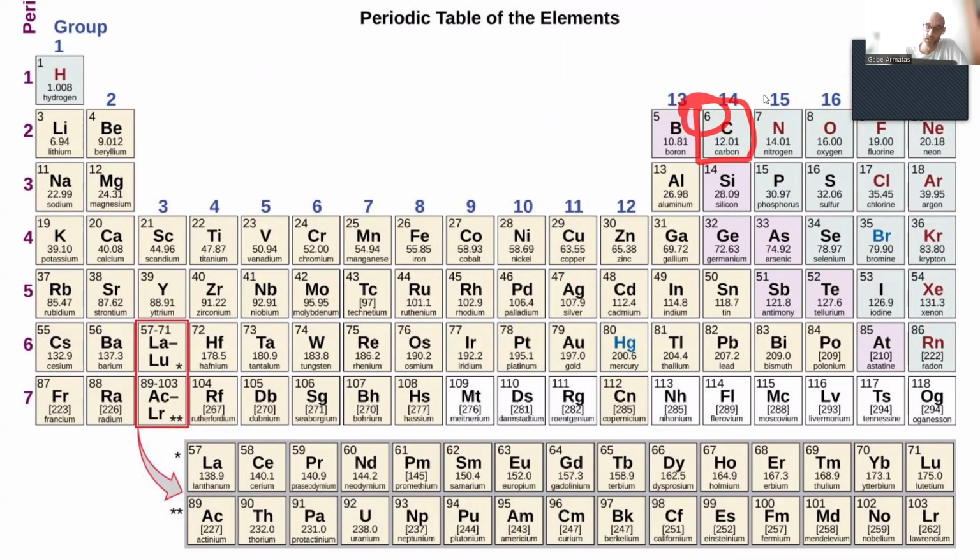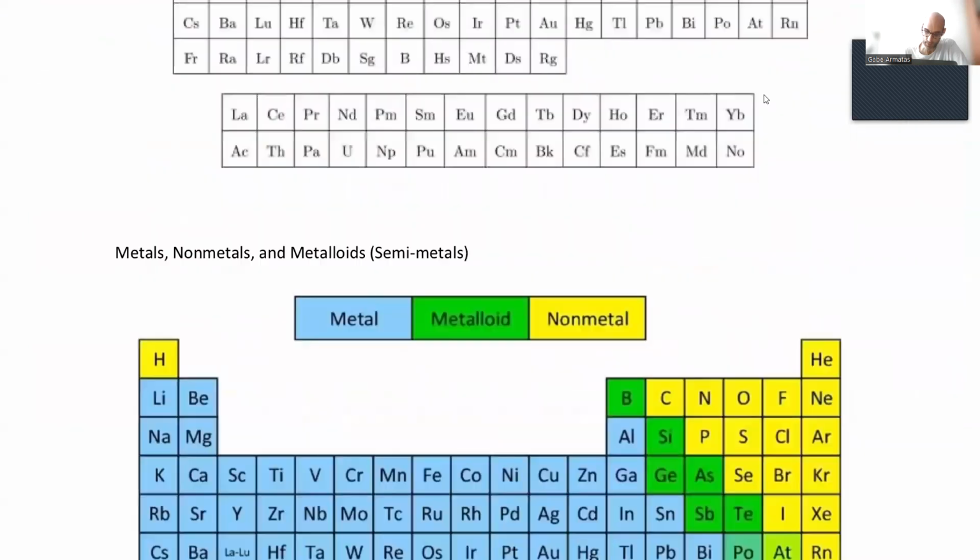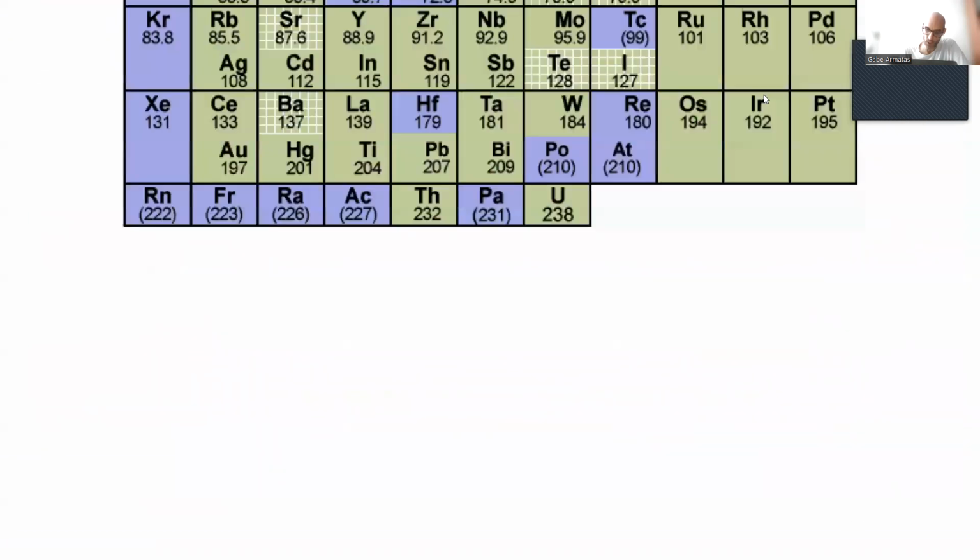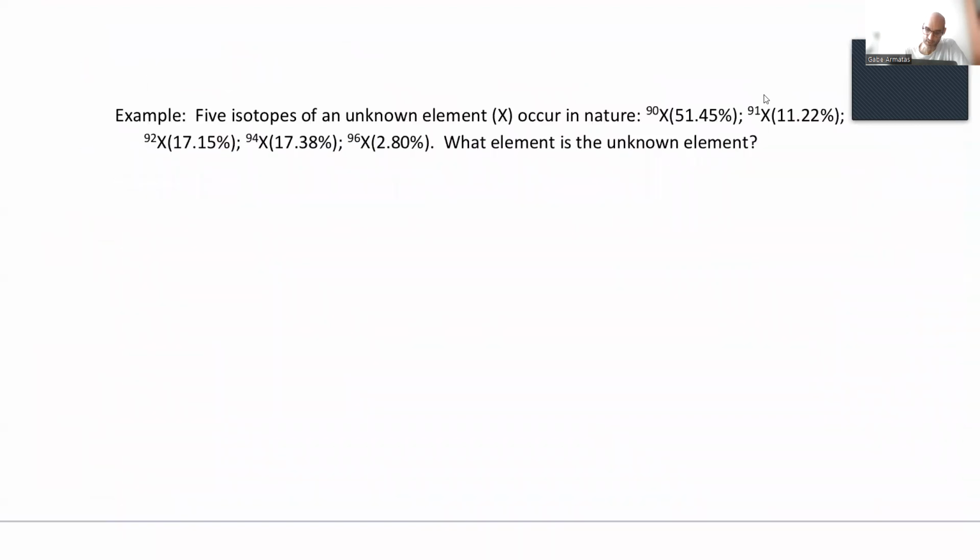So it has 6 protons in its nucleus. Sodium, 11. Aluminum, 13. Chlorine has 17 protons in the nucleus. Okay, so just recognize that this whole number, and it can be in different locations depending on your periodic table, is going to define what the thing actually is.